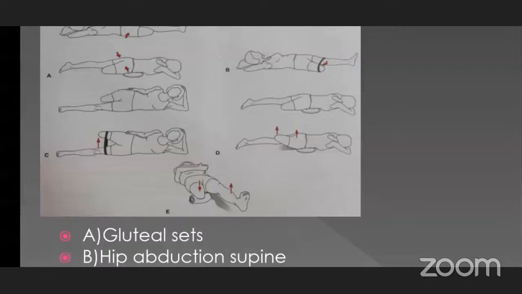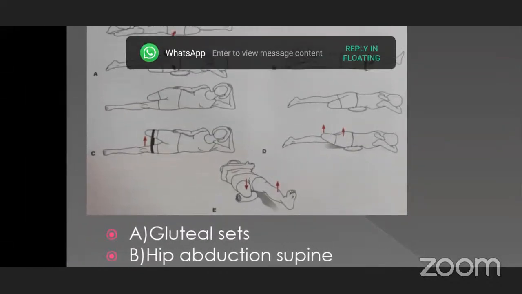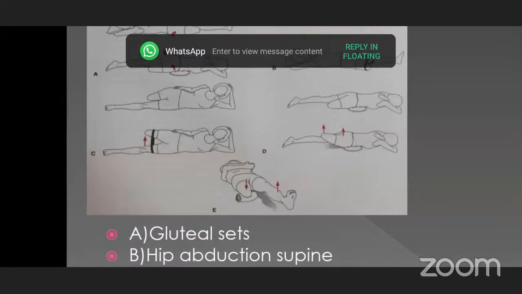While we do resisted exercises in supine lying, the hip abduction goes along the gravity. Gravity is very little in that position. If you do the same exercises in side lying, gravity acts more in that position.